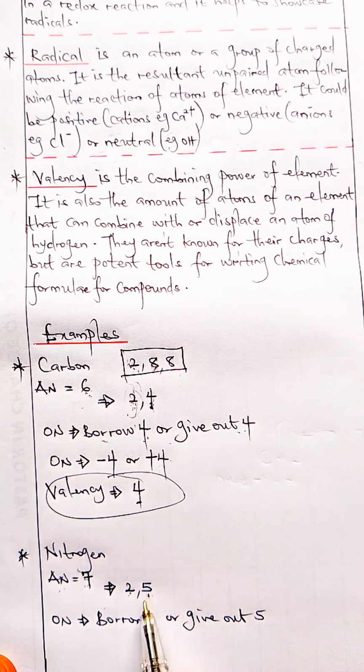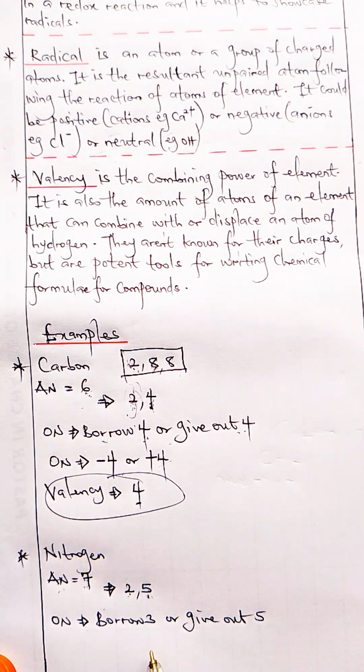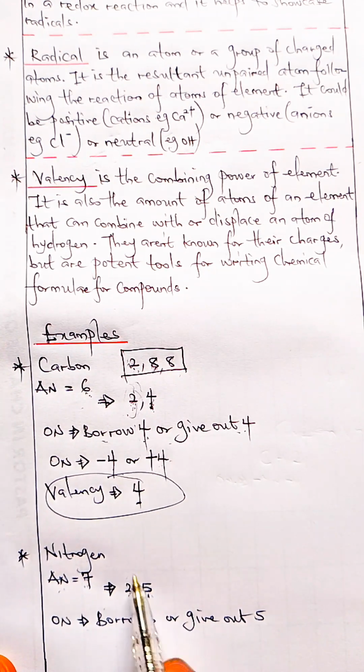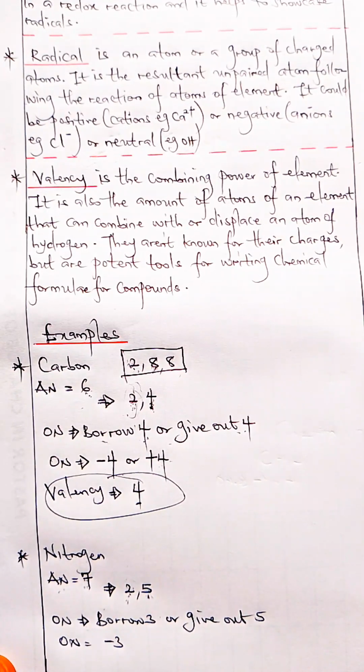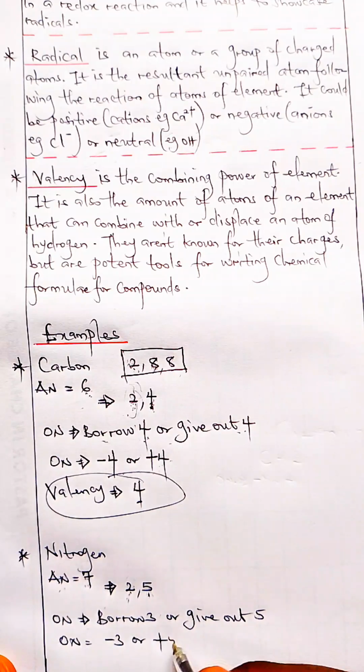If it brings in 3, it becomes balanced. If it gives out the 5, it also becomes balanced, and you'll be left with just 2 electrons in the first shell. So the oxidation number for nitrogen is -3 or +5. When you borrow, when you bring it in, it's minus. When you give out, it's plus.